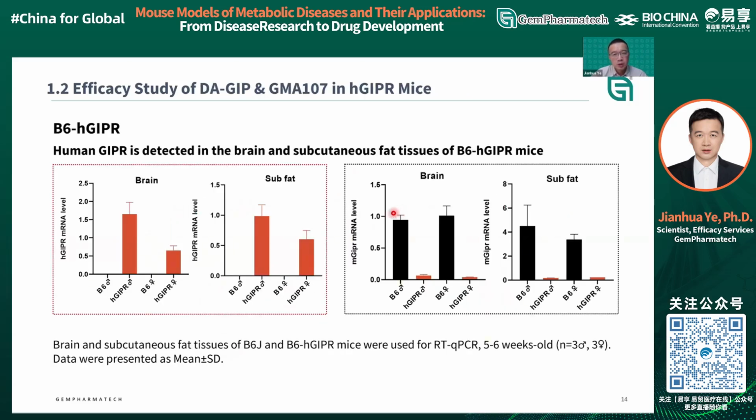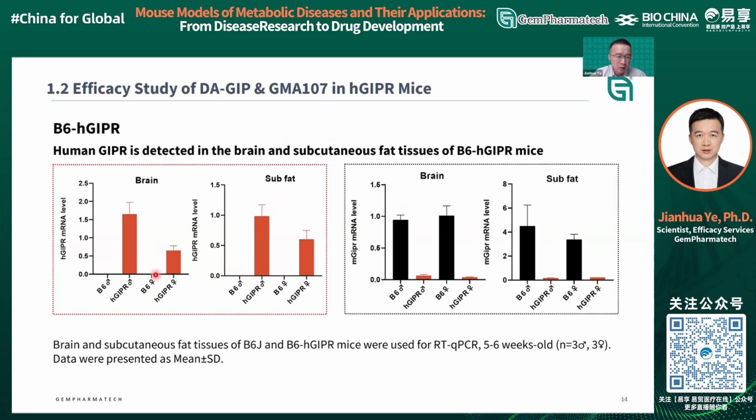So I have talked about the GLP-1 receptor humanized mice. Then this is the humanized GIP receptor mice. After we constructed the mice, the same way as the last mice, we collected tissue samples. In the brain and the fat tissue, in both male and female mice, we can detect the human GIP receptor expression.